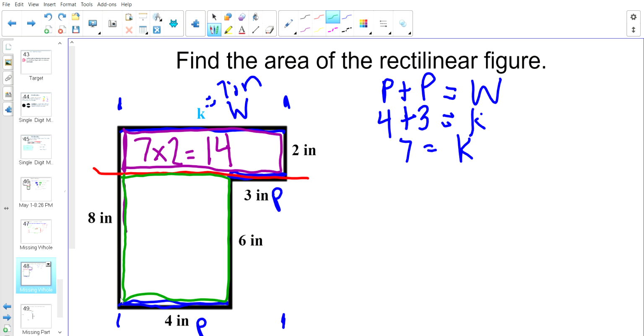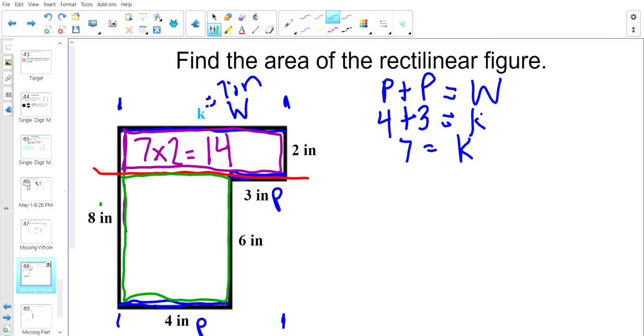I can see that the 8-inch side starts at the bottom of the rectangle too and goes all the way to the top of the whole rectilinear figure, past the end of the rectangle that we're talking about. That's because the whole length of the entire vertical side of the rectilinear figure is 8 inches long. But we've split the horizontal length of the rectilinear figure here.